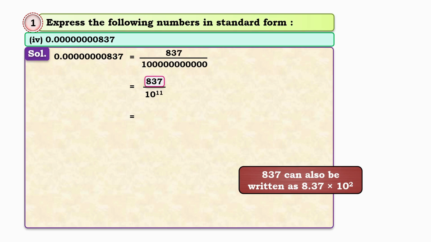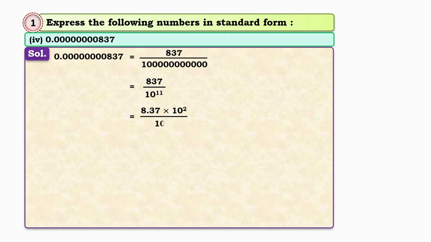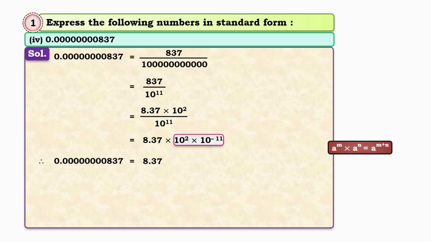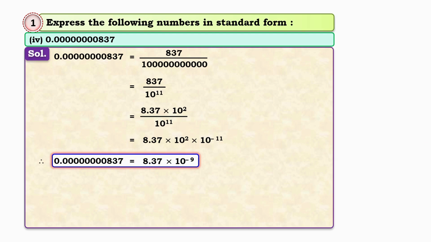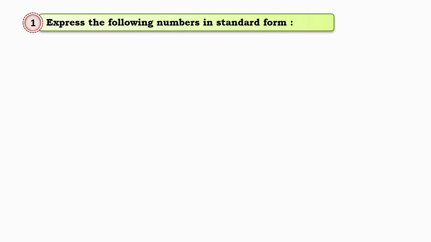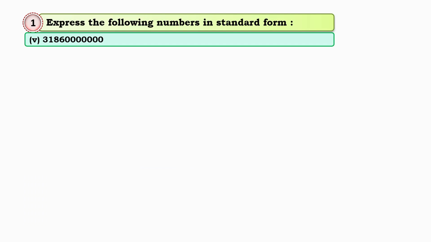Now, 837 in the standard form is 8.37 into 10 to the power 2. Now, apply the law. We'll get this as the final answer in the standard form. Now, another problem.